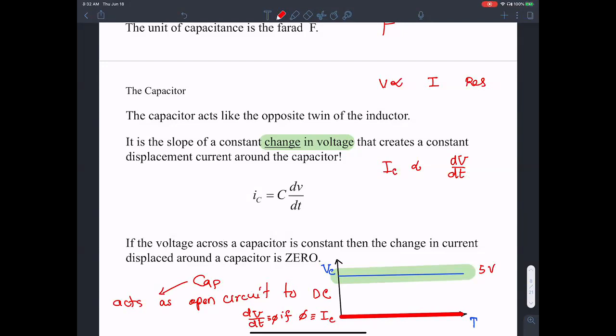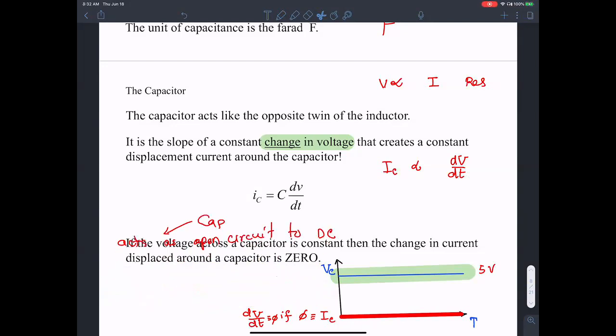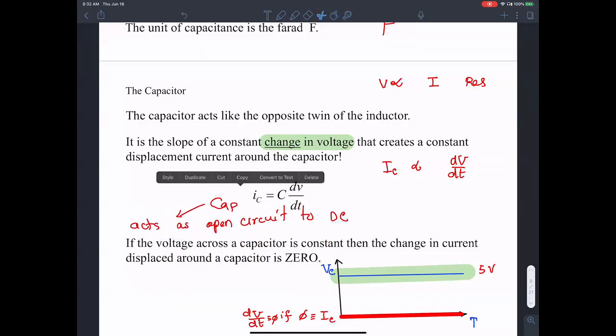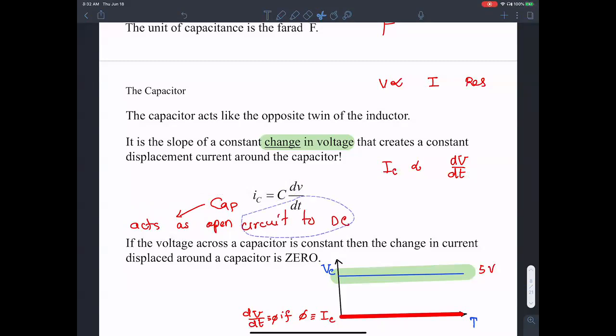And when the voltage across the capacitance is constant, then the capacitance acts as an open circuit, meaning that there's no current flowing through it. What is the idea of open circuit? The idea is that the current flowing through the terminals, or the displacement current, because of the capacitance, is zero. The current around the capacitance is zero if the voltage across it is constant.